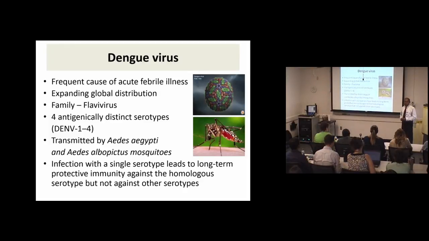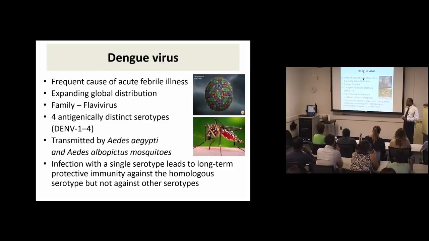So we all know that dengue is a frequent cause of acute febrile illness. It's there all over the world. This is a virus which belongs to the flavivirus family and has 4 serotypes, named dengue type 1, 2, 3 and 4. It's transmitted by the Aedes mosquito. Aedes aegypti is the principal vector, and also Aedes albopictus.